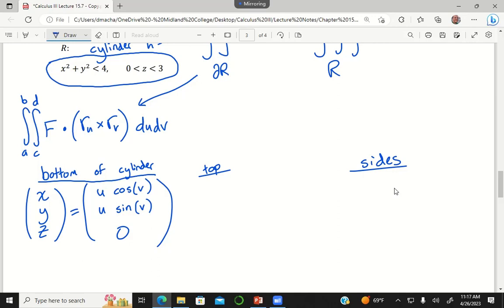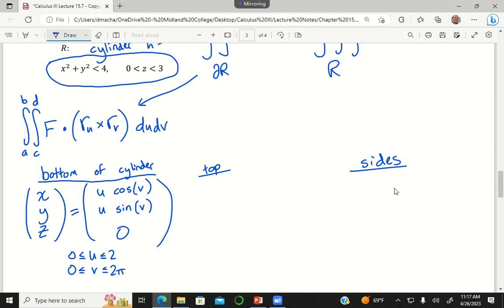Instead of my parameters being r and theta, we're calling them u and v, but otherwise this is the disk in polar coordinates. And in this case, I would say that u is greater than or equal to 0, but less than or equal to 2, because that's my radius. And then v is between 0 and 2 pi.